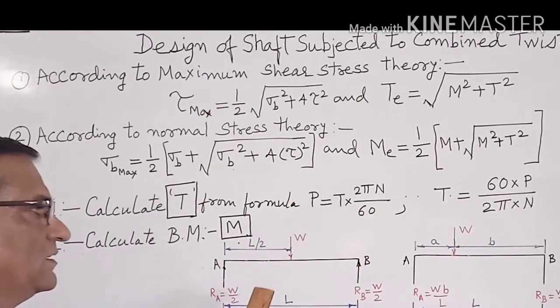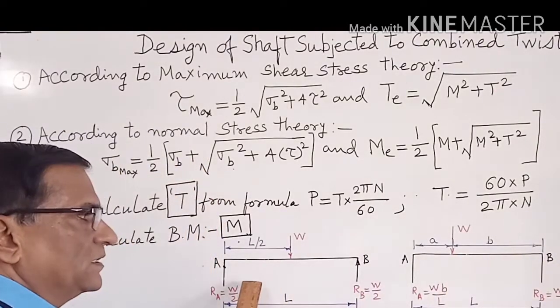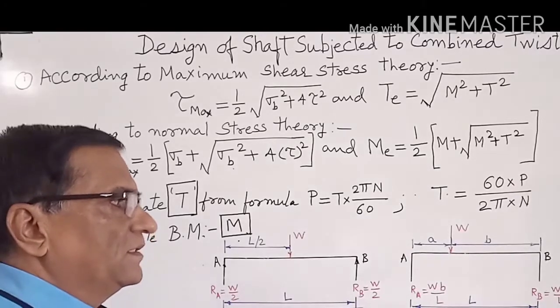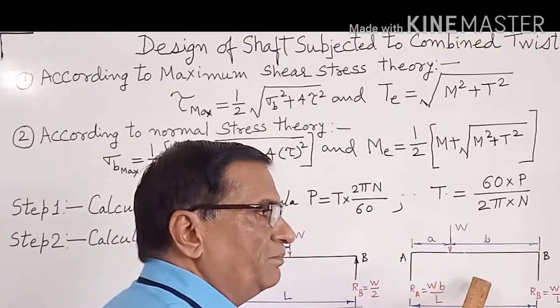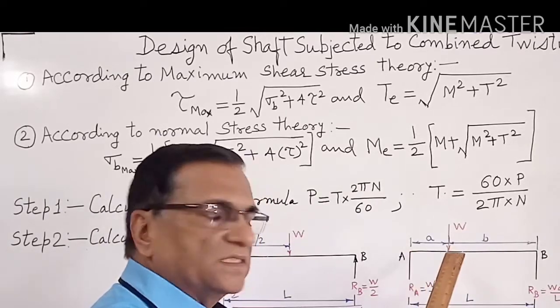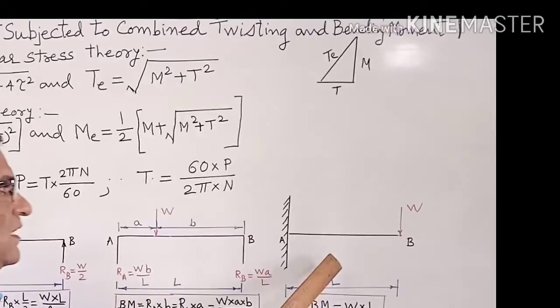In our syllabus, generally 3 cases are there. First, a simply supported beam loaded centrally. Second, a simply supported beam where the load is acting at a distance A from the left hand bearing, and third is the cantilever.